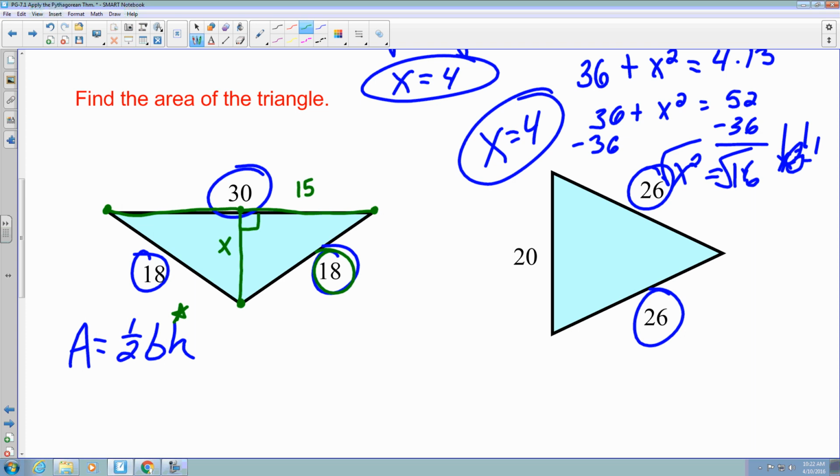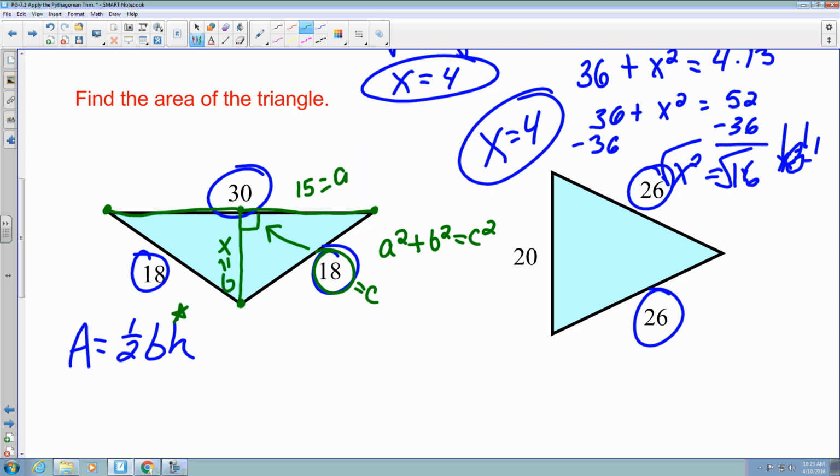So we get to use the Pythagorean theorem. So I go over here and say a squared plus b squared equals c squared. The value of 18 is opposite the 90-degree angle, so that's going to be my value of c. So I'm going to say that that is c, and then these are interchangeable, so I'll call this a, I'll call this b.